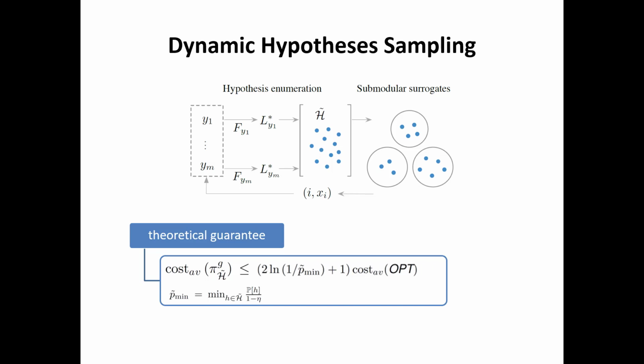We have shown that the average cost of this EC2 method applied with this dynamic hypothesis sampling is upper bounded by this logarithmic factor times the cost of the optimal policy to be performed on the original hypothesis space.